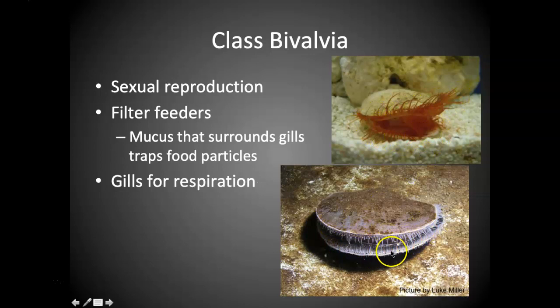Those are their gills, and they rely on those gills in order to trap food, and then they bring that into their body in order to eat. Those gills will actually also be used for respiration, or for breathing. Once again, diffusing oxygen into their bloodstream so that they can get that oxygen to the muscles that it has.